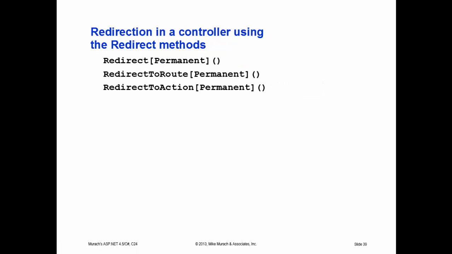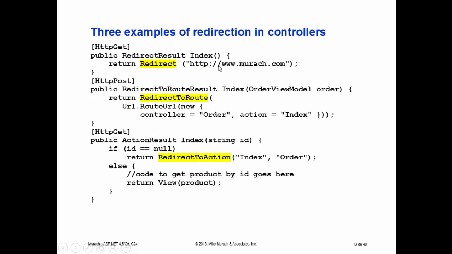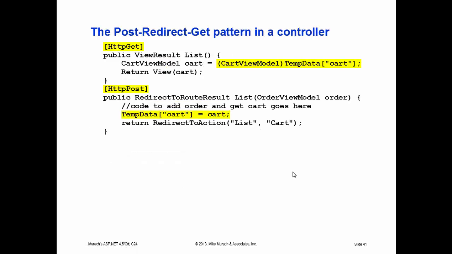There's also redirect to route, redirect to action, or just redirect to a URL. So your book has examples of those. Here's redirect to a specific URL. Here's redirect to a route, or redirect to an action. You can use that to do things like the post-redirect-get pattern that we talked about in one of the earlier chapters.